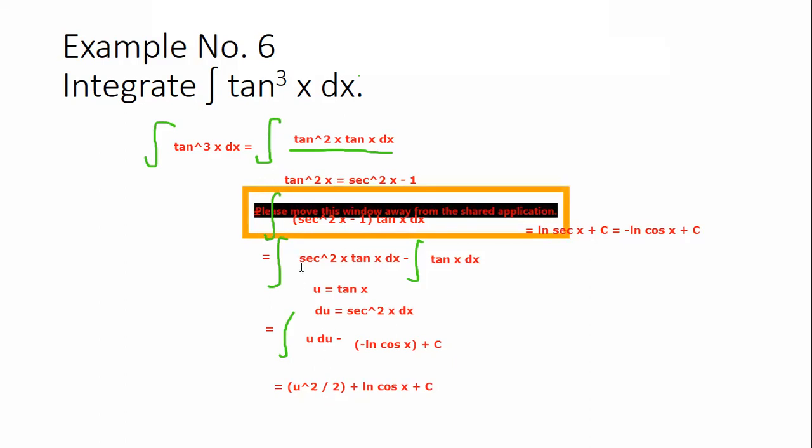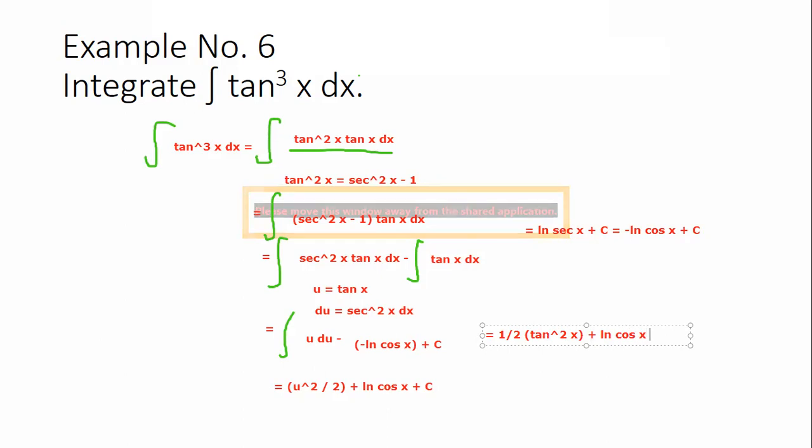Our u a while ago was tangent x. So this will be one half tangent squared x plus ln of cosine x. This will be our answer for this particular problem.